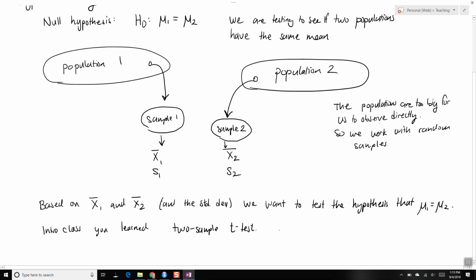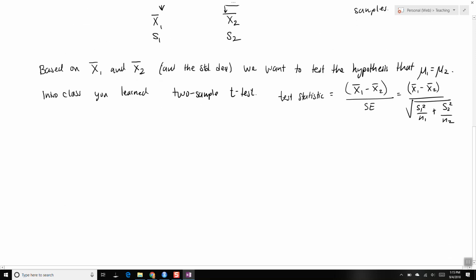Your test statistic is X bar 1 minus X bar 2 divided by the standard error, and the standard error is the square root of S1 squared over N1 plus S2 squared over N2. Is that familiar? Yeah, okay.